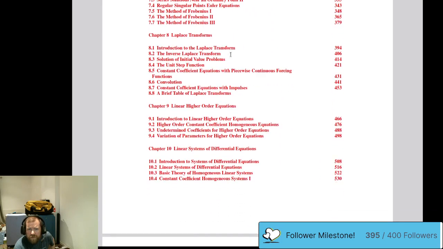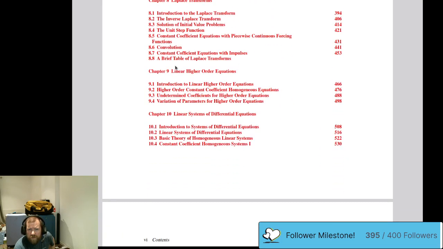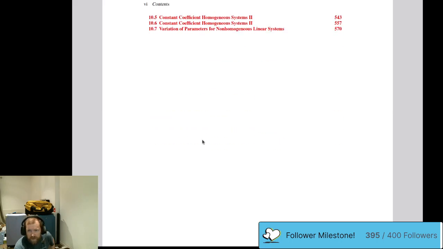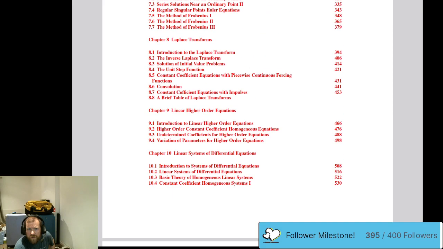I don't actually necessarily see it here. It is supposed to be non-linear systems, so actually it may not even be this particular one. Let's see if we got the other book in here too. Maybe not.